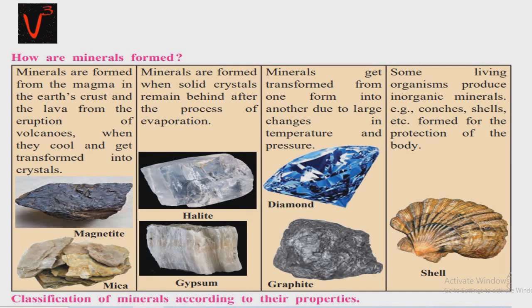Minerals are formed when solid crystals remain behind after the process of evaporation. Halite and gypsum are examples. You might have seen the quarries where such stones are present. Next, minerals get transformed from one form into another due to large changes in temperature and pressure.